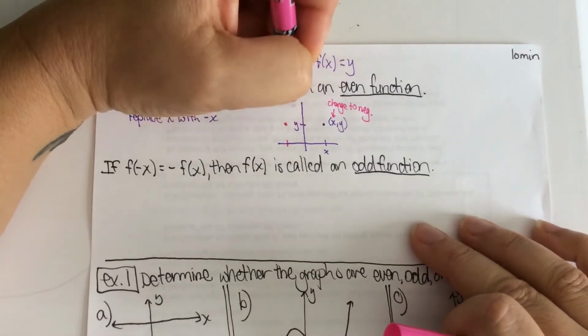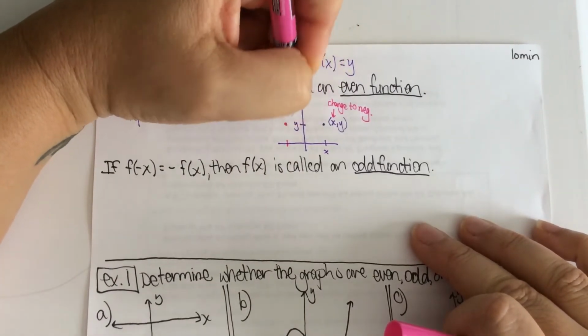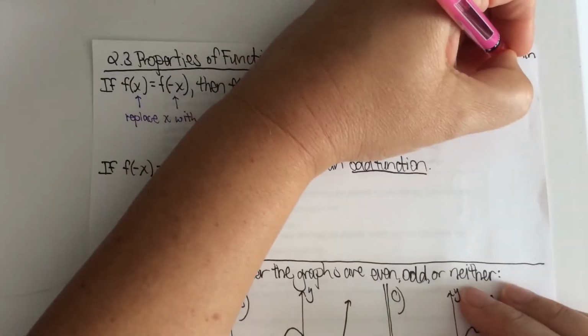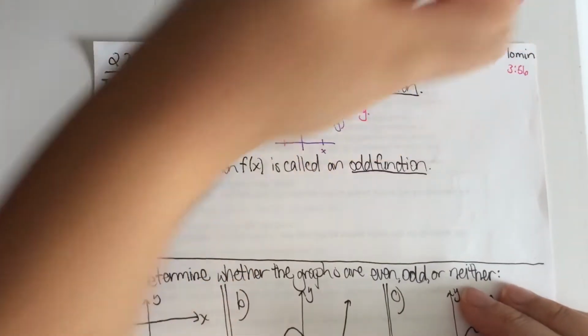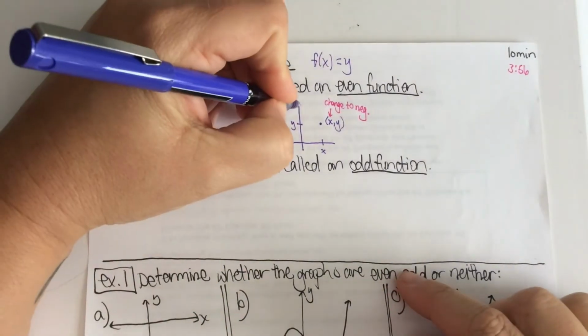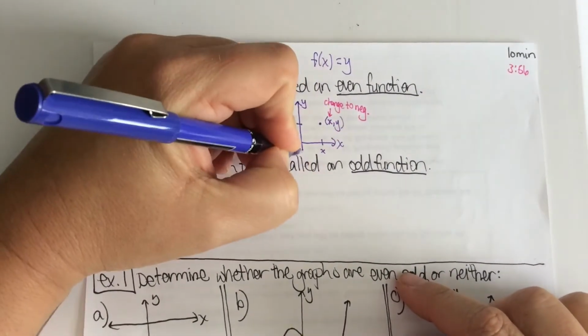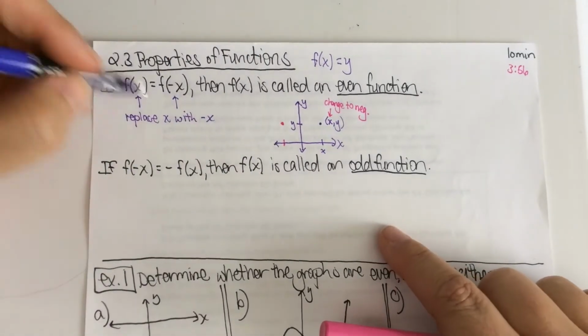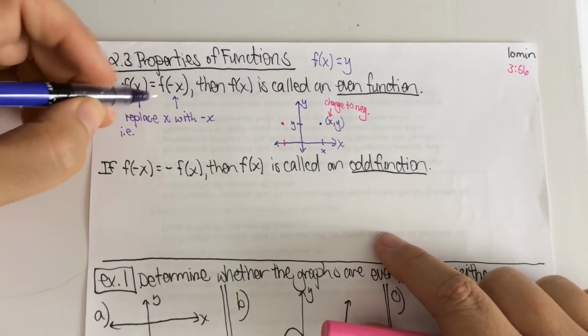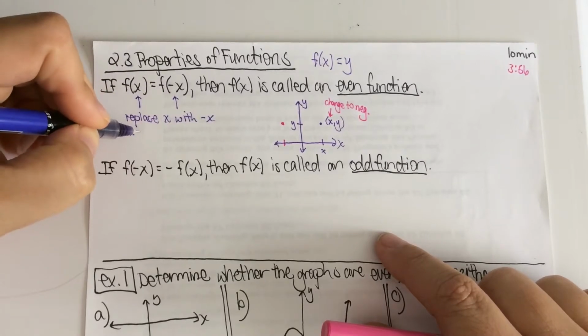So what did I just do to that point? Okay, so I'm reflecting that about the y-axis. So replacing the x with negative x is another way of saying reflect about the y-axis.